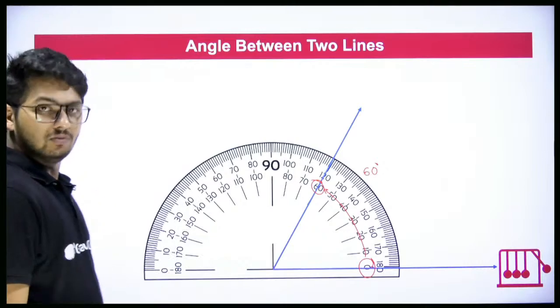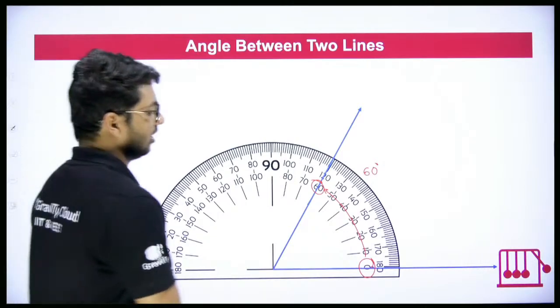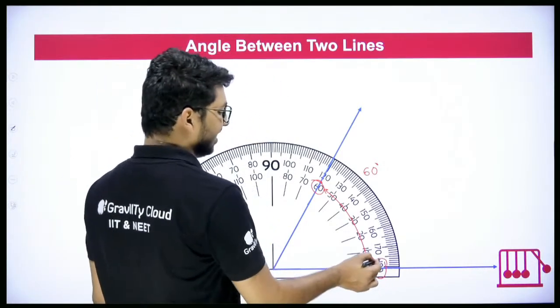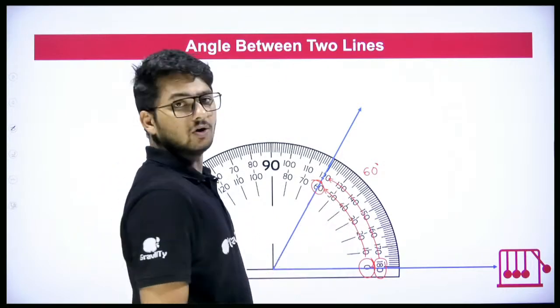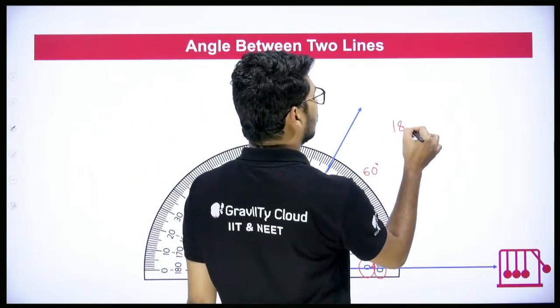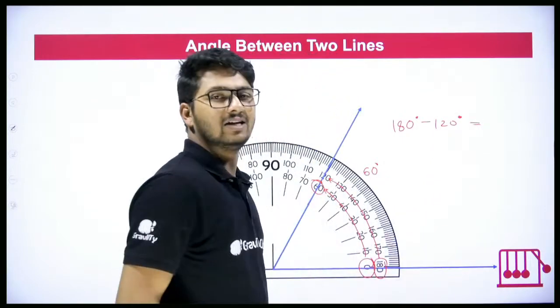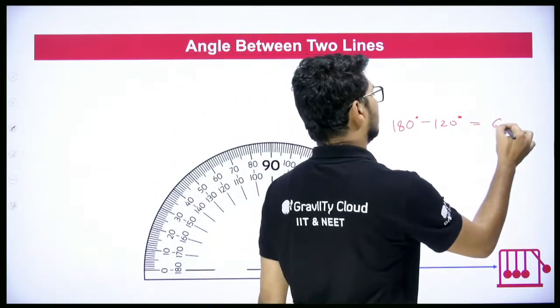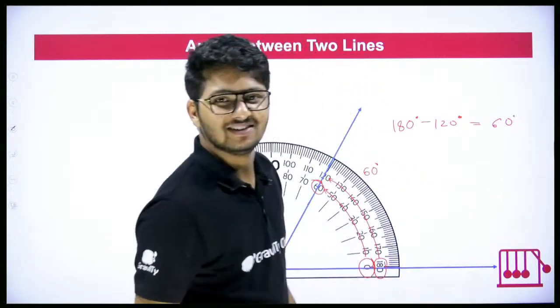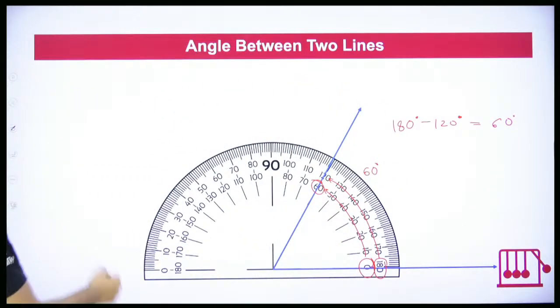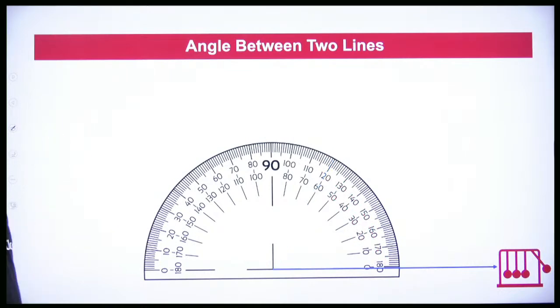We start from 0. So you might think, sir, what about these values? Here you are starting from 180 and going to 120. In that case, what will you do? You have to subtract them. If 0 is not the start, then you subtract them. 180 minus 120, that is also 60. Okay? But obviously 0 is preferable.